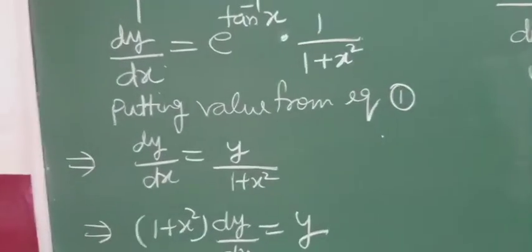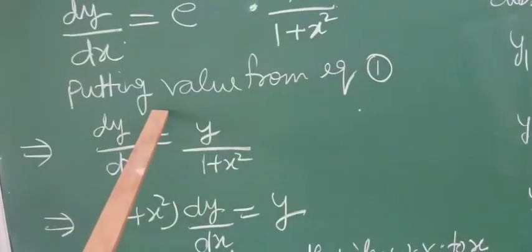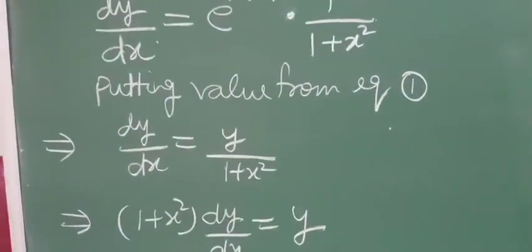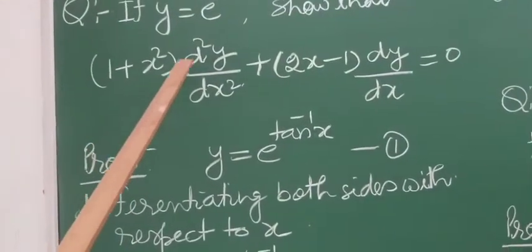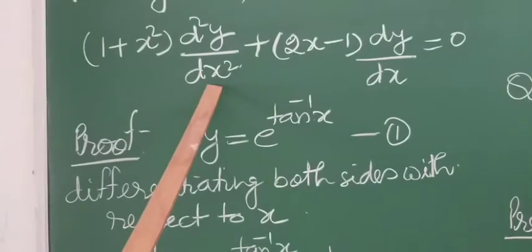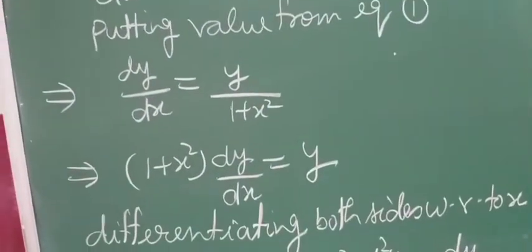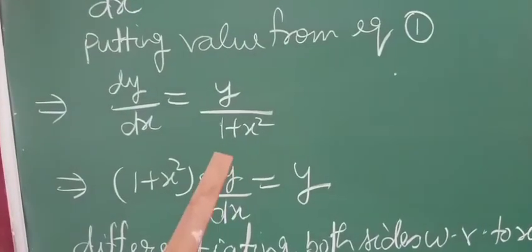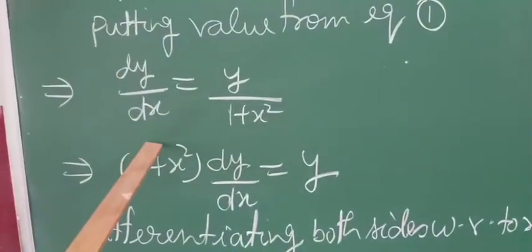Okay students. Now students, we have to check what we have to prove. So we need (1 plus x square) d square y upon dx square. So we have to use our mind. (1 plus x square) with d square y upon dx square.